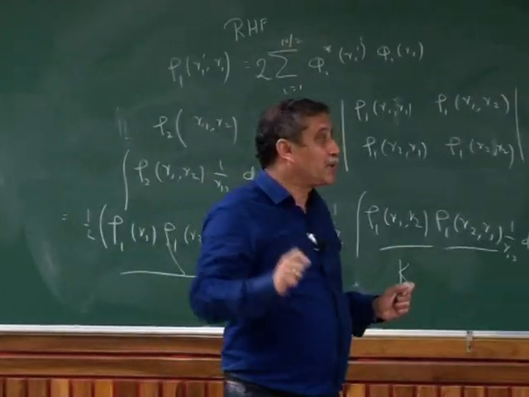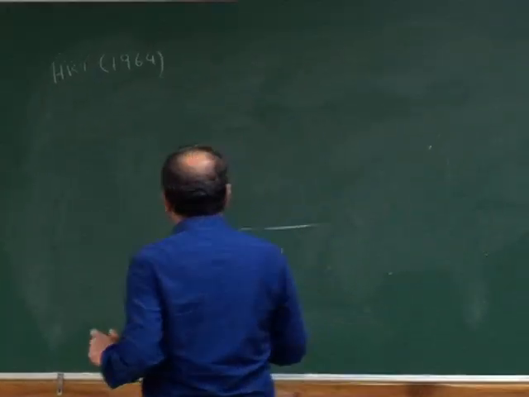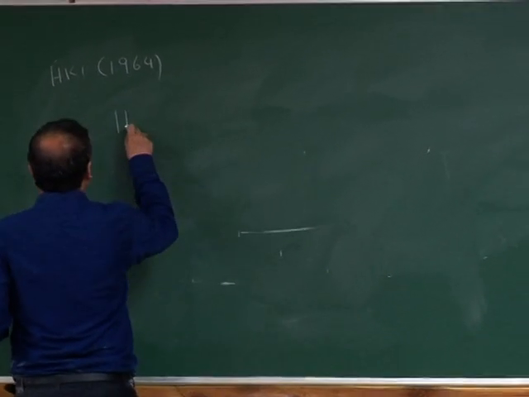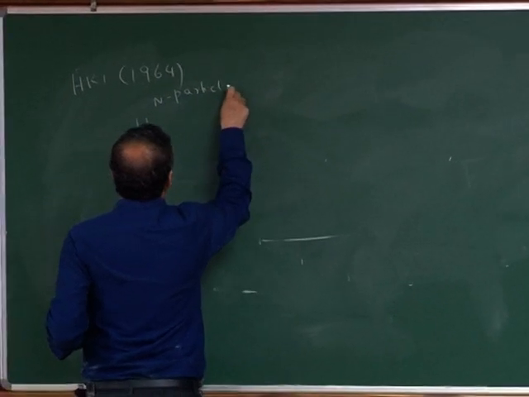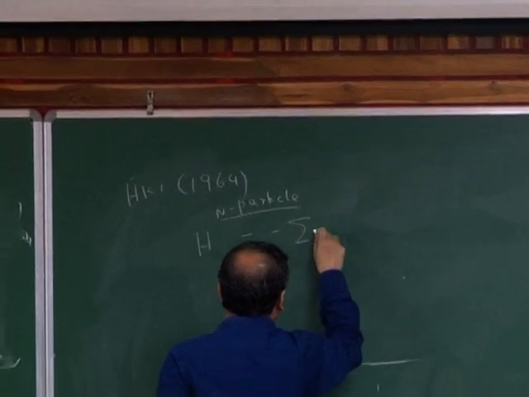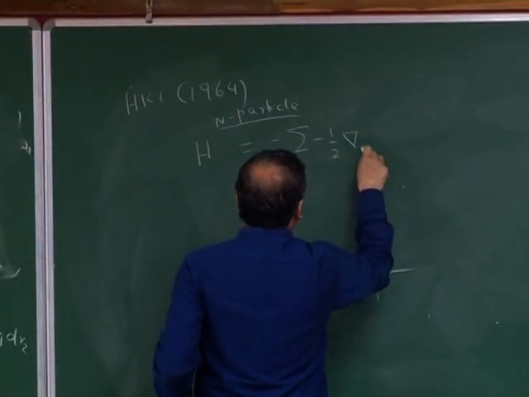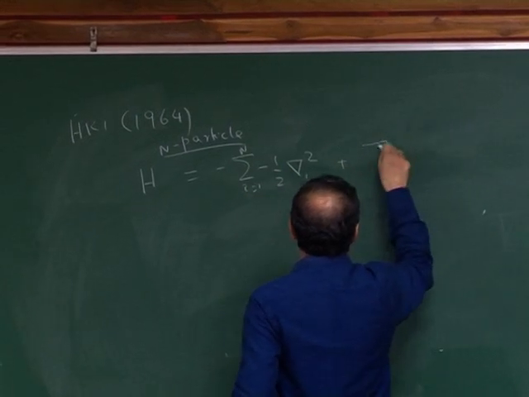So why is external potential very important? In fact, this is something that you should understand. If you look at the Hamiltonian of any n particle, let's say electron, system, how are they distinguished? Every n particle Hamiltonian has the same form: minus half Laplacian, plus 1 by Rij.